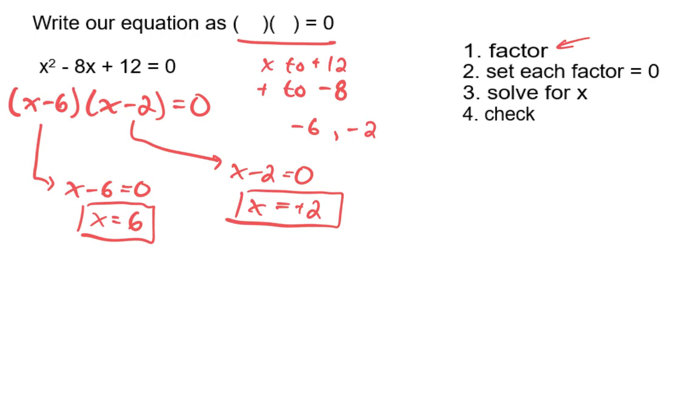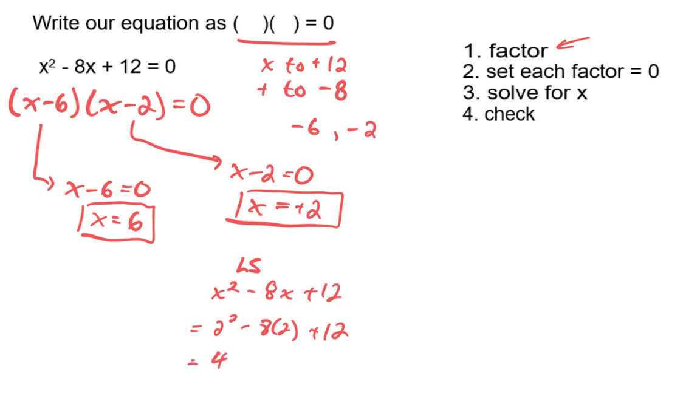And step 4 would be we could check, so we could do a left side, right side check. We'll do this with one of them. Let's say our left side is x squared minus 8x plus 12, and we sub in x equals 2. That's 2 squared minus 8 times 2 plus 12.